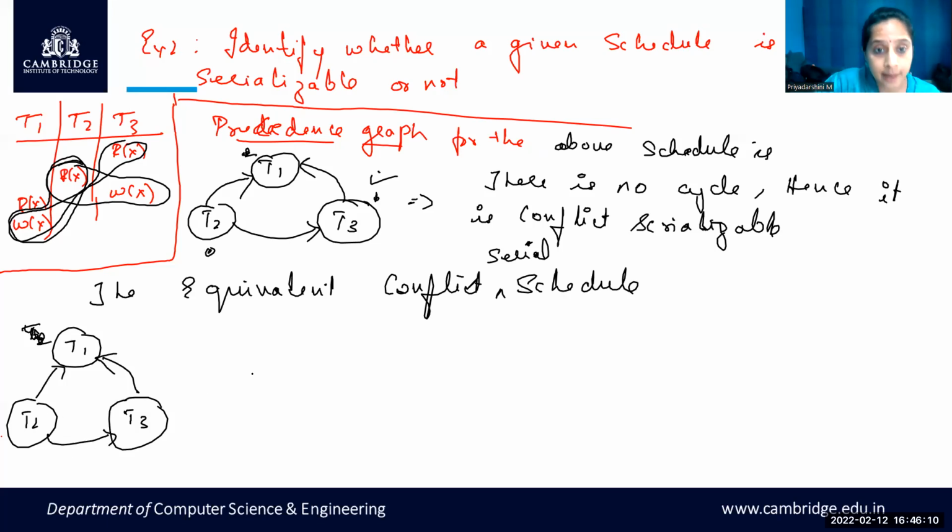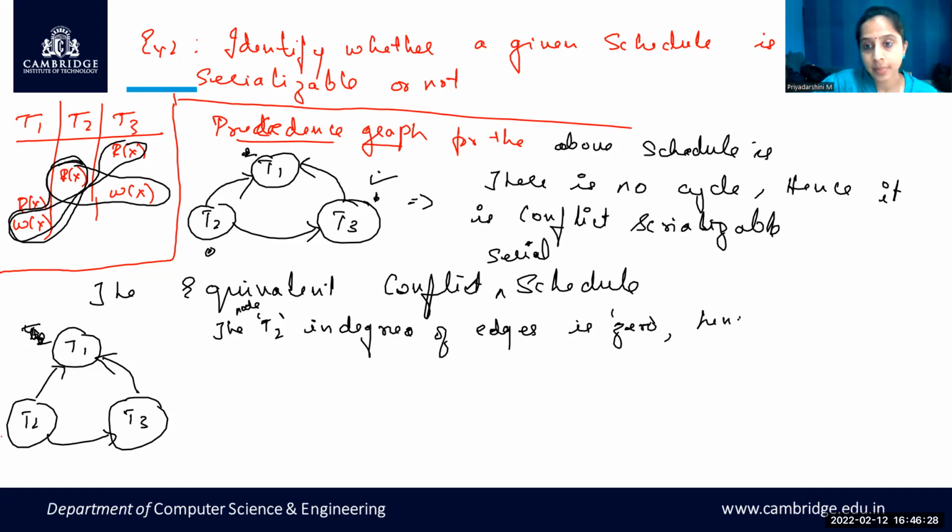T2's in degree of edges is 0. Hence, take T2 first. So I will write here, I have taken T2 first.